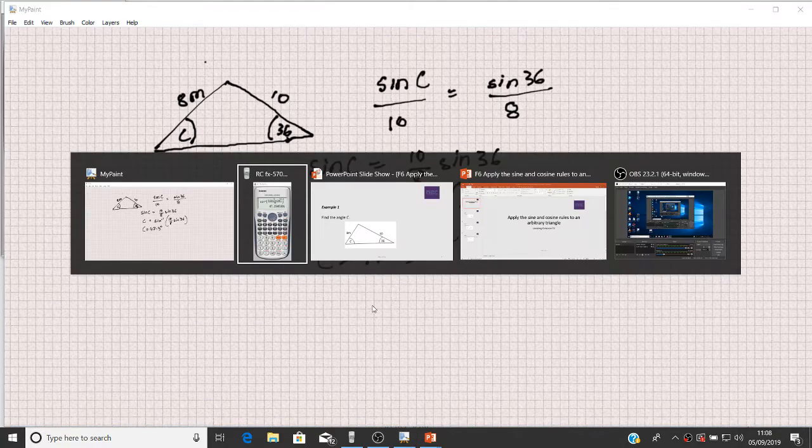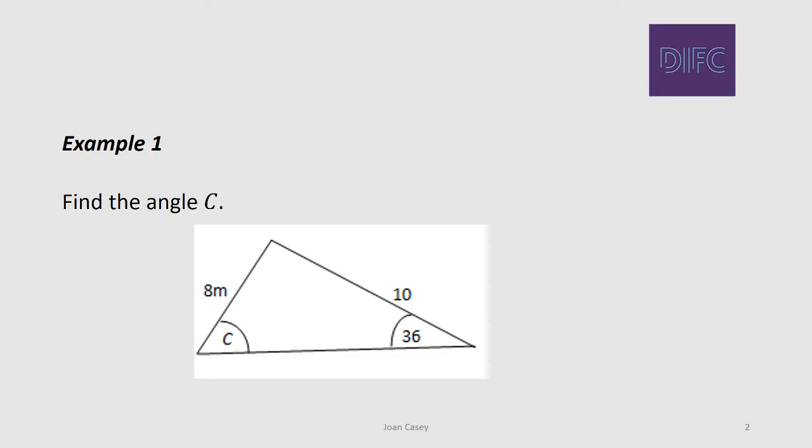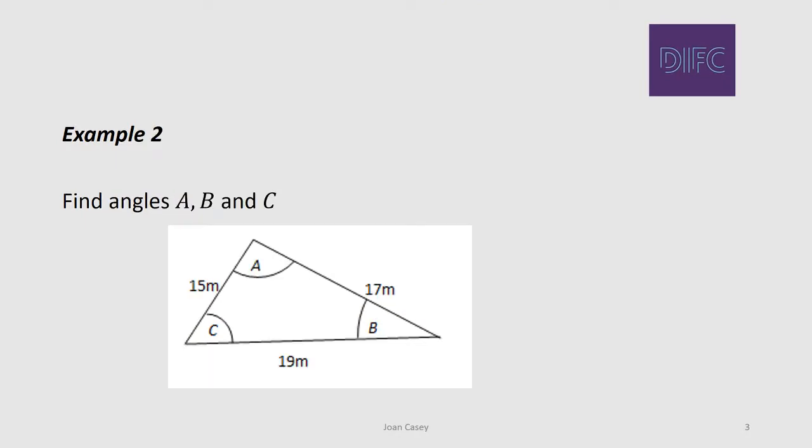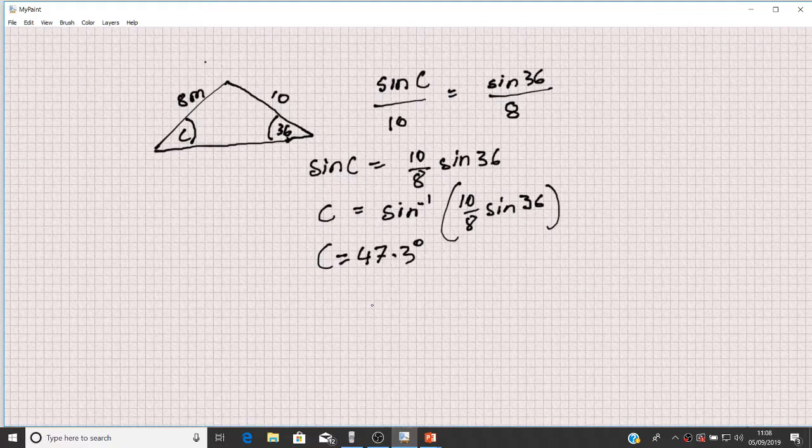Let's take a look now at another example. The second example, we're looking at finding all the angles A, B, and C. We're given a triangle of length 15 meters, 17 meters, and 19 meters. So we'll take a look at this example, and again, I'll do a very rough sketch.